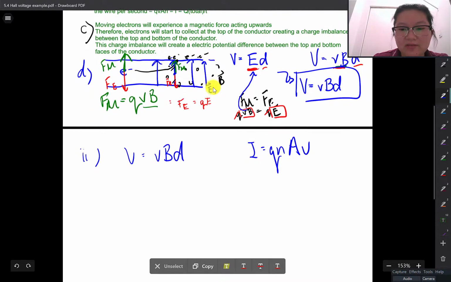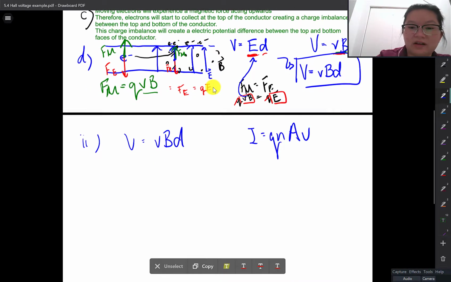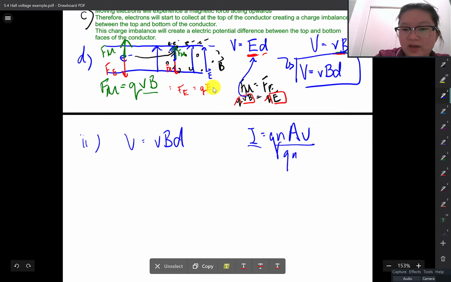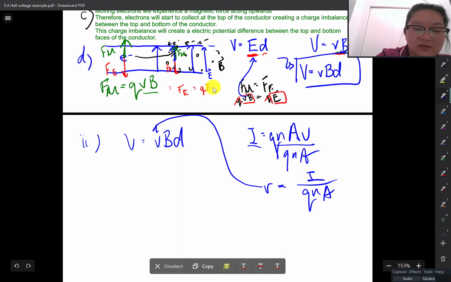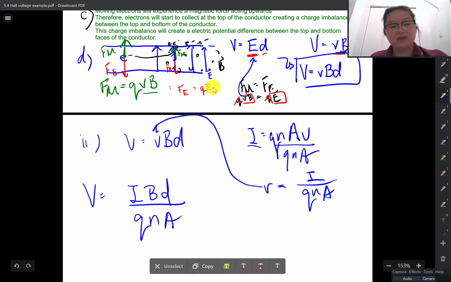We probably have to solve for v to substitute in there. We can just do that quickly. We just divide both sides by QnA. So v equals I over QnA, and we'll substitute that in there, which we're going to get IBd on the top, and then QnA on the bottom.